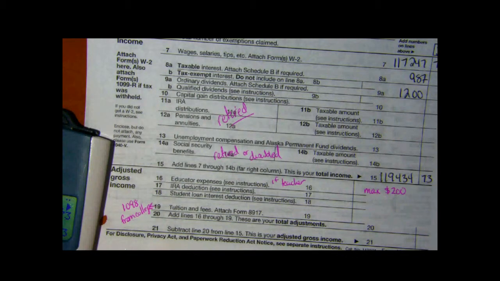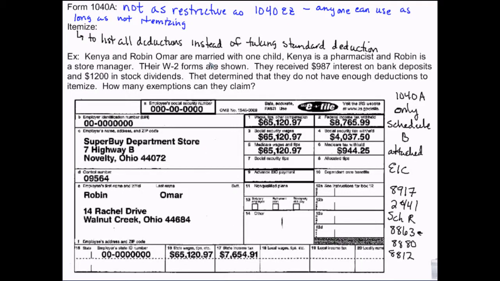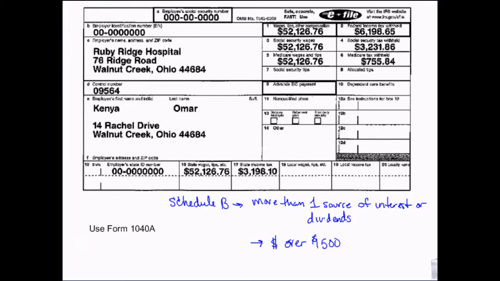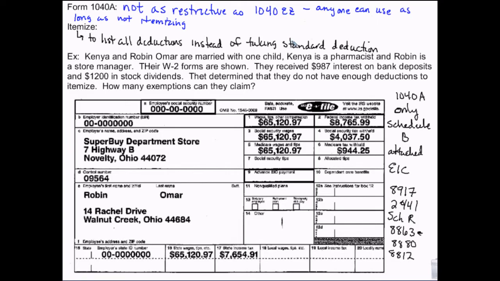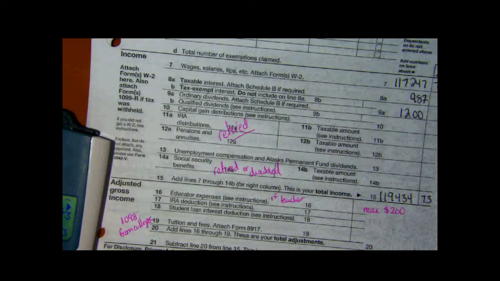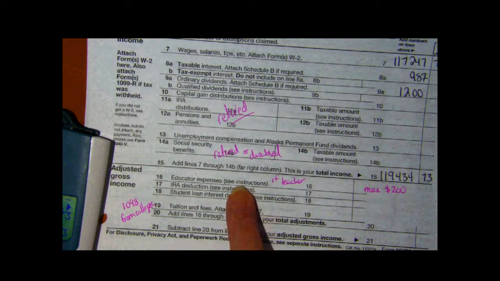All right, so let's go back and look. They didn't have anything about being an educator or going to school, right? There's no information about that, so we're going to assume that they didn't have that. And so we're leaving this blank. So our total adjustments are $0.